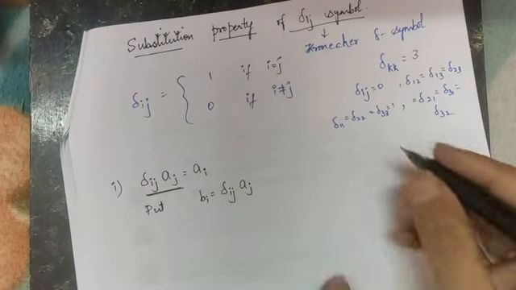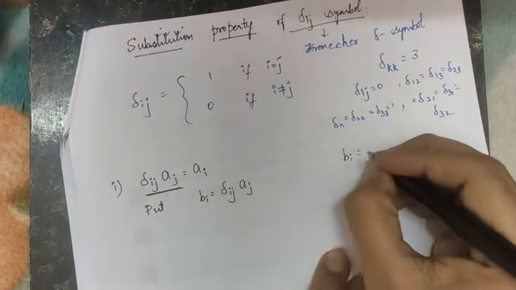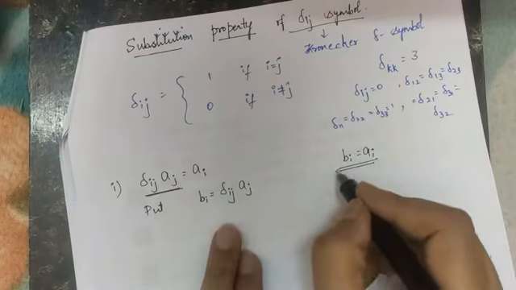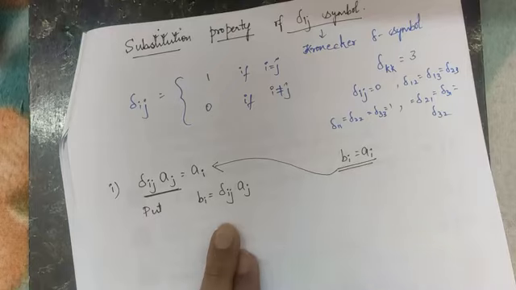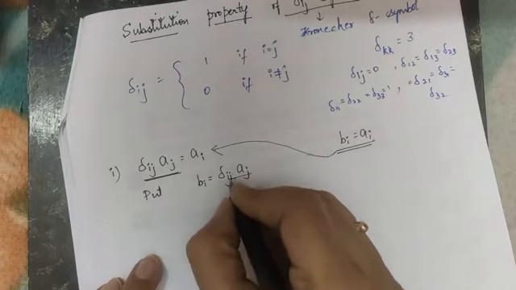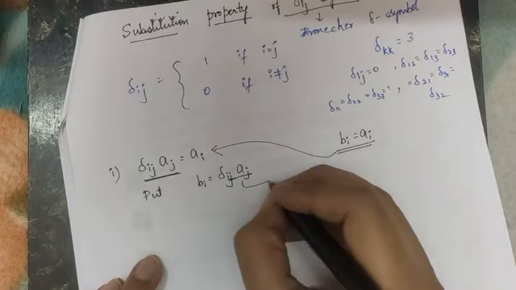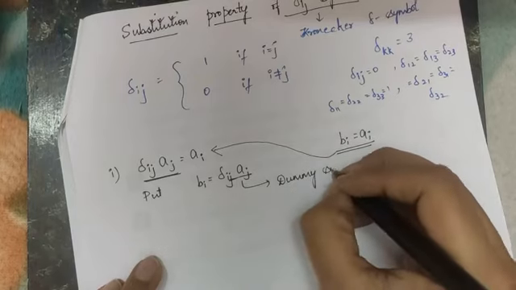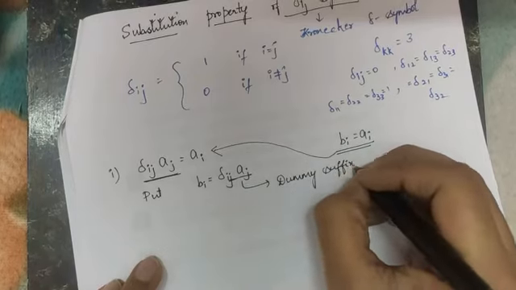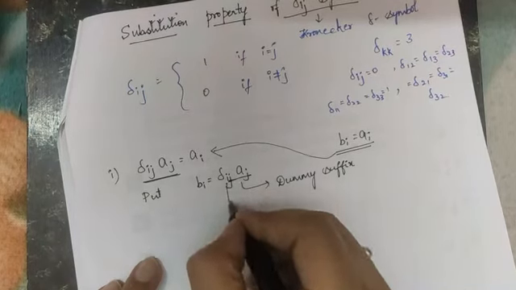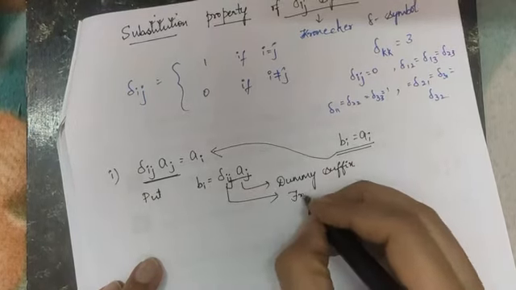So at the end, if I prove bi is equal to ai, then this is nothing but proving that delta ij aj is equal to ai, isn't it? So if you observe, this j is nothing but the dummy suffix here. So summation will be taken over j, right? i is nothing but my free suffix.